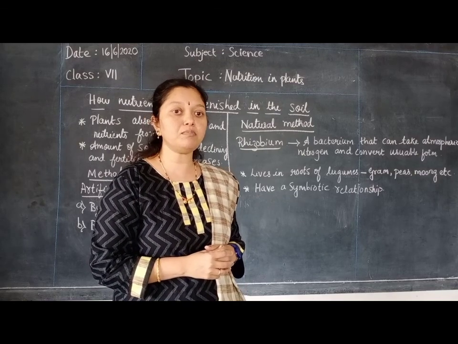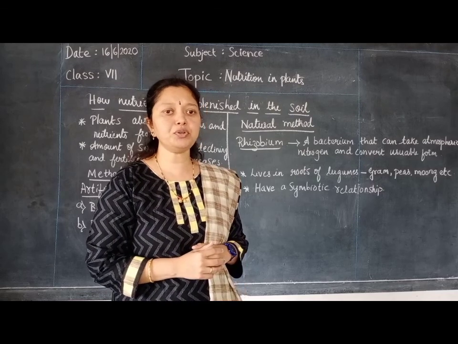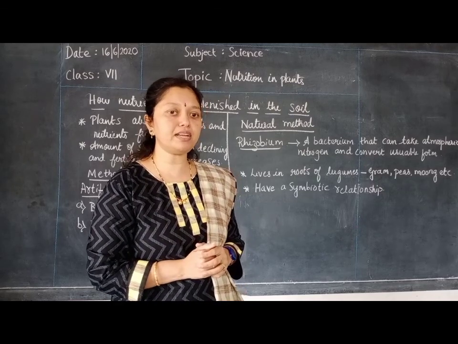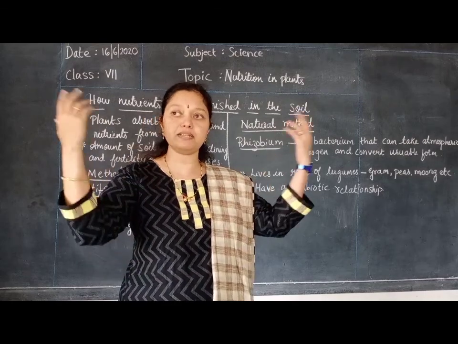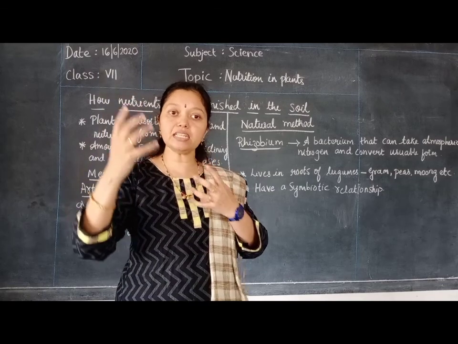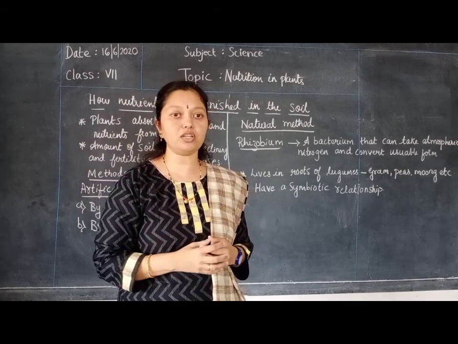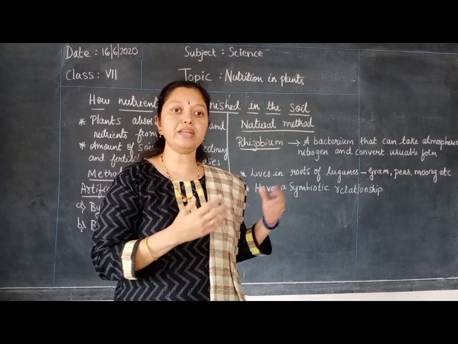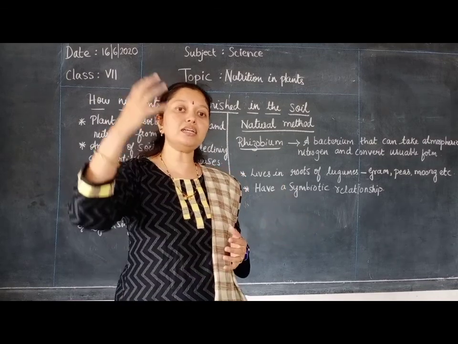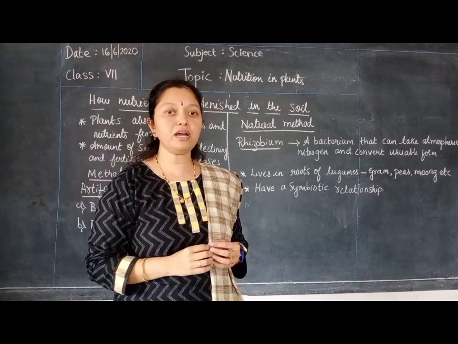Nitrogen is present vastly in the atmosphere, but plants cannot directly take and use it. So for that sake, the Rhizobium bacteria convert the nitrogen in the atmosphere to a usable form.